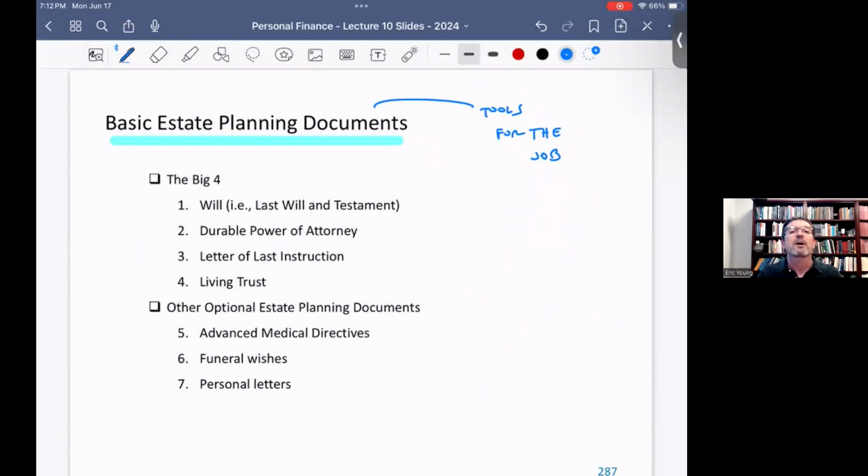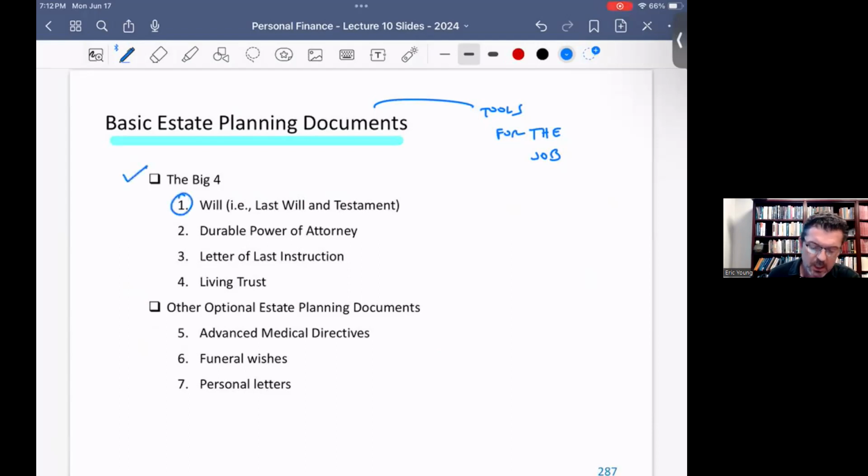Now, there are a lot of different planning documents, and there's many, many types. Generally speaking, you can get by with the big four, and you don't even need all four of them. But when it comes to estate planning, the most common documents, the big four, are the following.